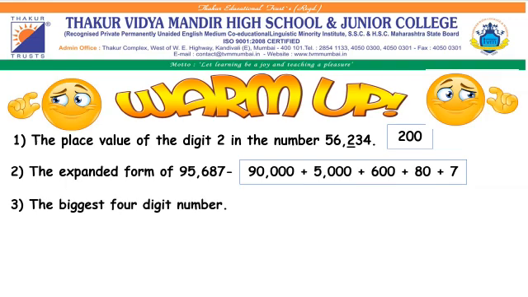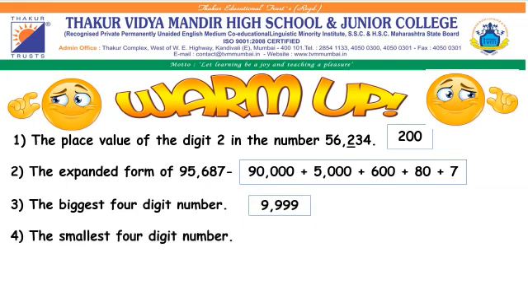The next question, the biggest 4-digit number. It's very easy, isn't it? Yes, the answer is 9,999. The next question, the smallest 4-digit number is 1,000.